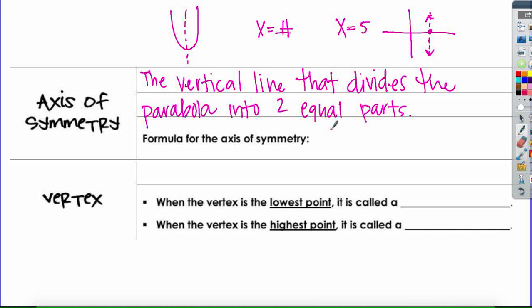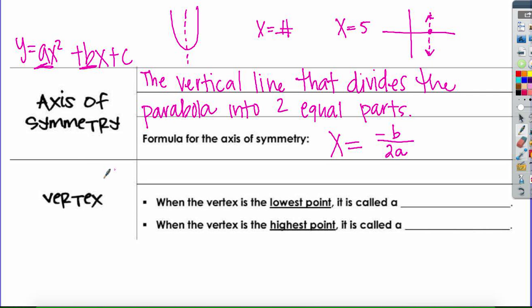That formula is x is equal to negative b over 2 times a. Now b and a are coming from the quadratic function. In y equals ax squared plus bx plus c, that's where a and b come from. They come from the actual equation itself.